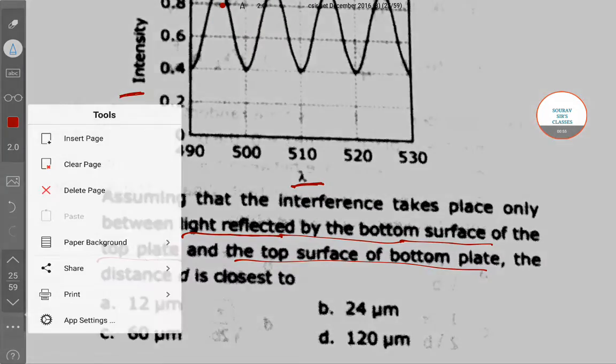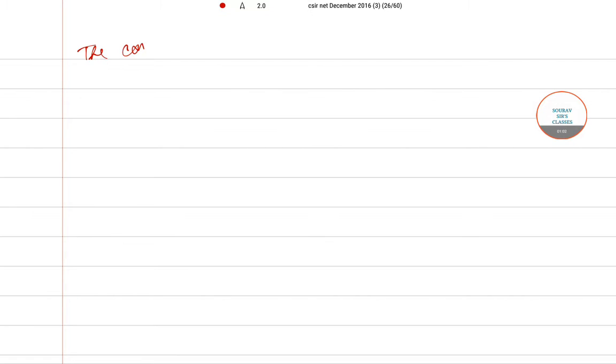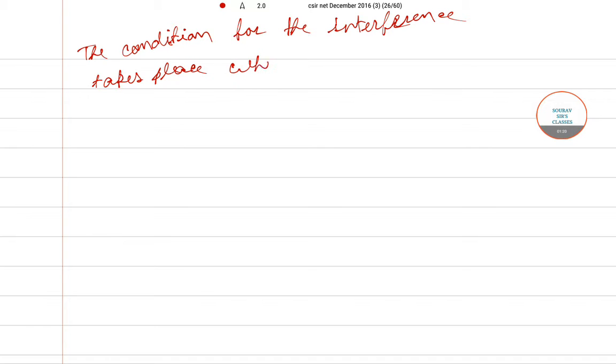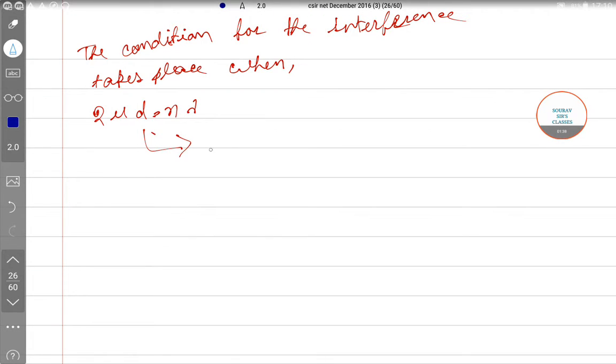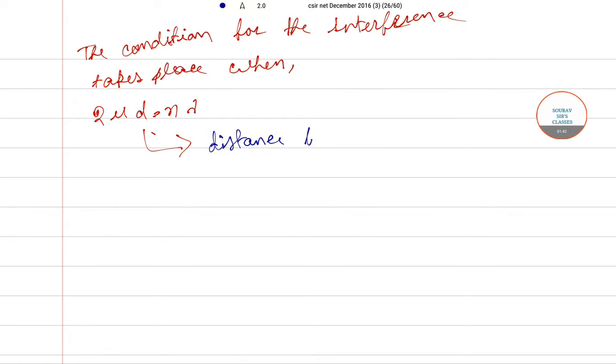So, the condition for interference to take place is 2 mu d equals n lambda, where mu is the refractive index and d is the distance between the parallel plates.